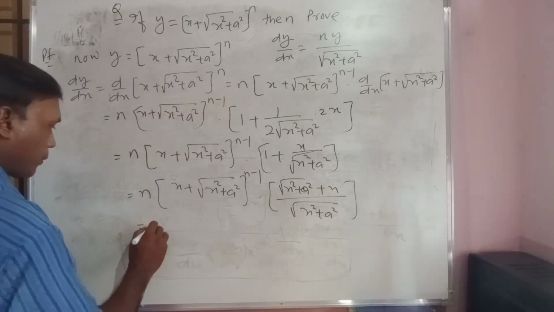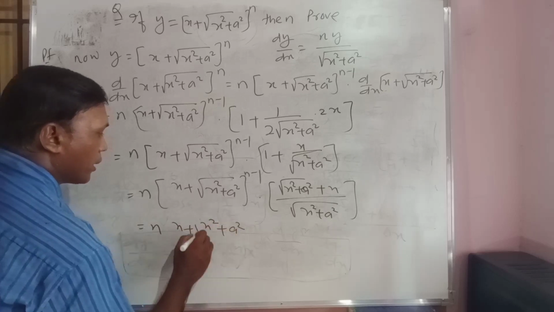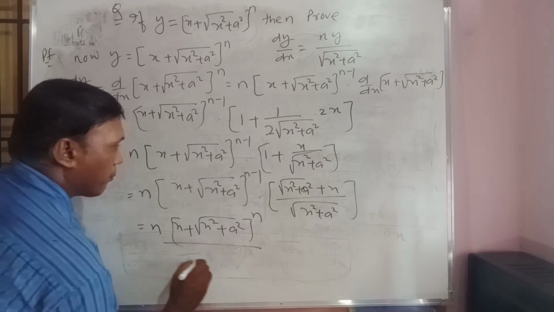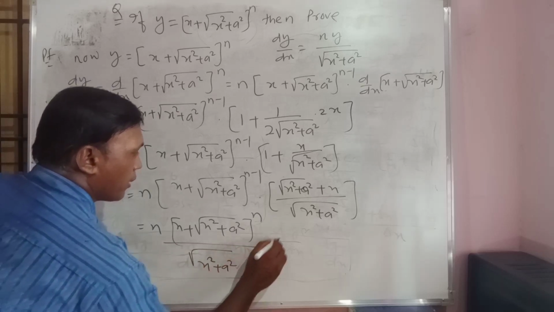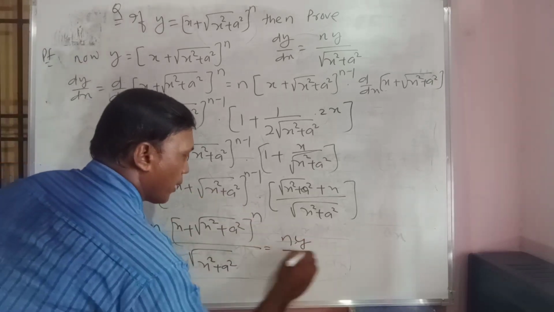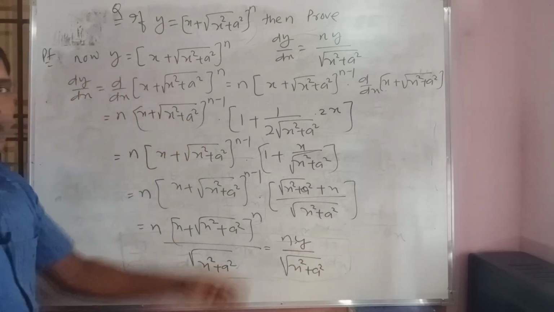Which is equal to n into (x plus root of x square plus a square) whole to the power n divided by root over of x square plus a square, n into, and this is y, so ny by root over of x square plus a square, and proved.